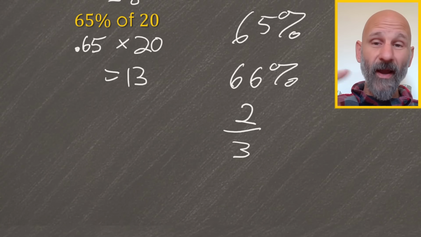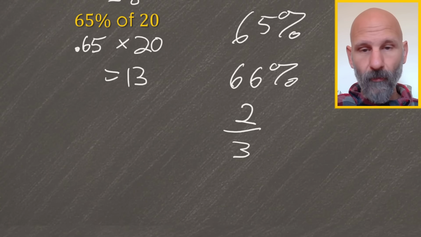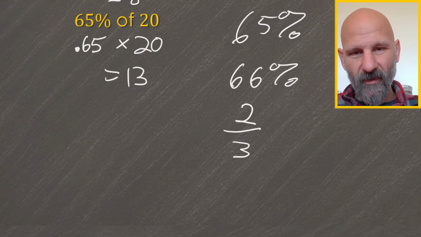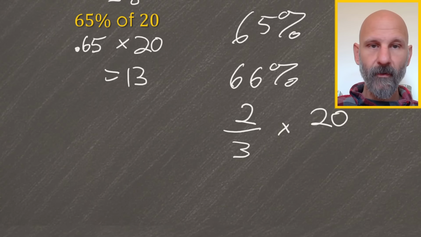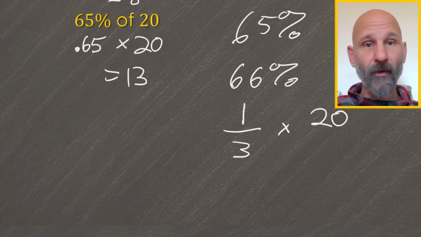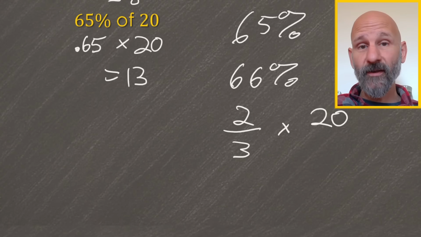So in this case I can do 2/3 of 20. That doesn't actually go in easier, but I can do 1/3 of numbers, and that's kind of easy as well. 1/3 is just divide by 3, and then 2/3 means divide by 3 and then multiply by 2.